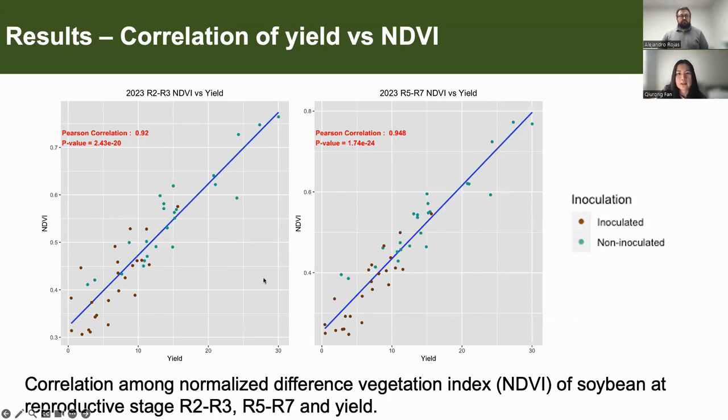It shows that the NDVI at both stages is positively correlated with the yield, with a coefficient of 0.92 at R2 to R3, and it increases towards the end of the season at R5 to R7, which is 0.948. So there is a positive correlation between NDVI and yield.